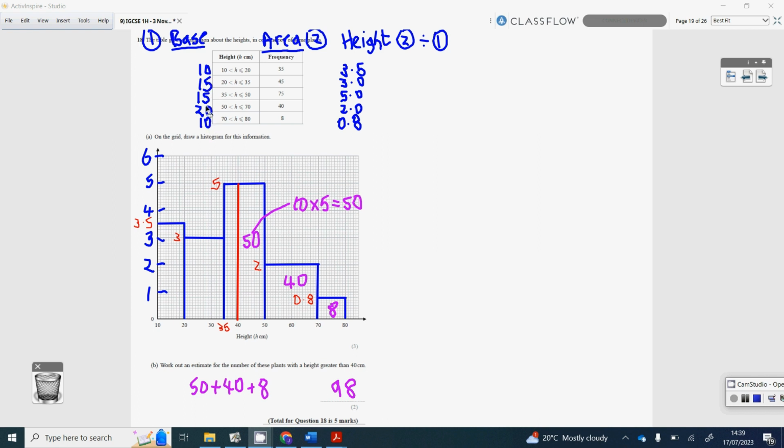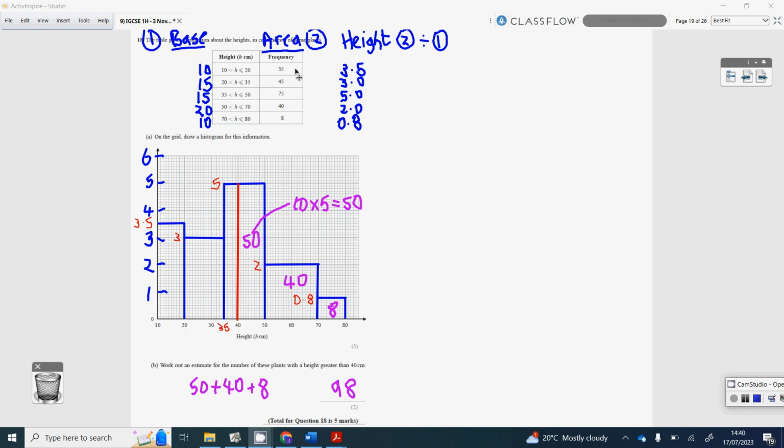Now, it's a bit confusing because whilst this is the heights column, from the point of view of thinking about the rectangles, those are actually the bases. So my base of my first rectangle is going to be 10, going from 10 to 20. My second base is going to be going from 20 to 35. Third base, then 35 to 50, and so on. So those are the bases sorted.